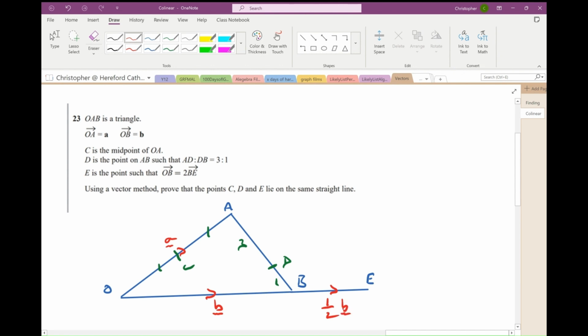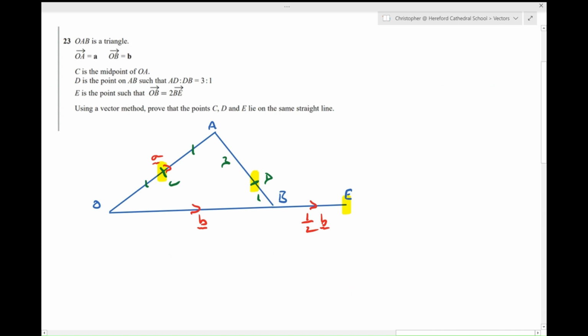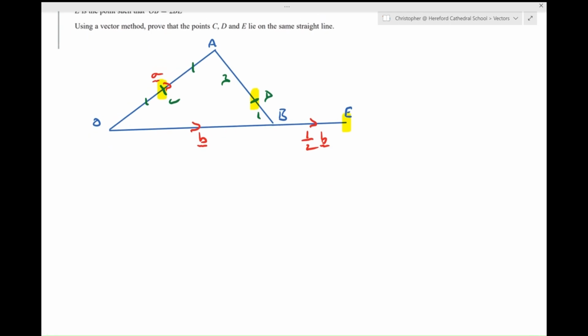All right, what does it ask me to do? Use a vector method. Prove that the points C, D, and E lie on the same straight line. Okay, so there's the problem, there's the diagram drawn, and there's the problem defined. So how do I prove that C, D, and E lie on a straight line?